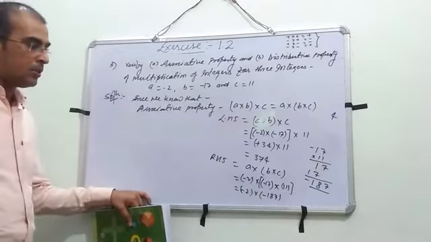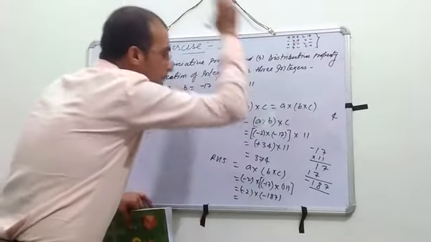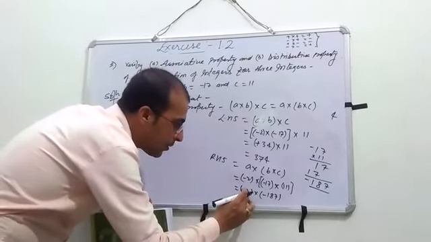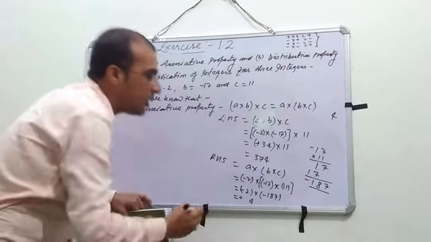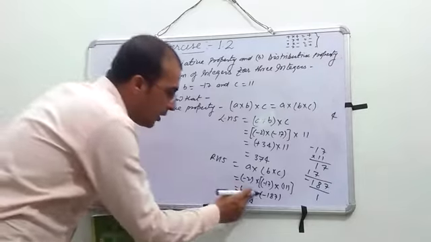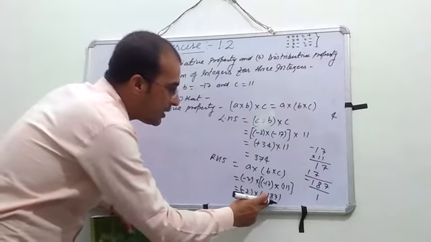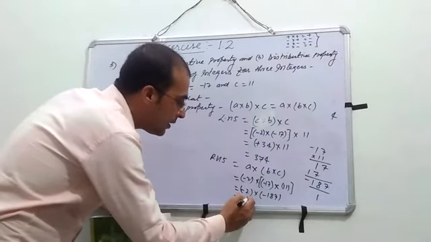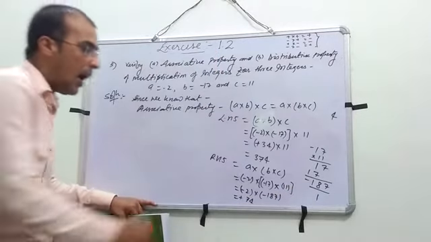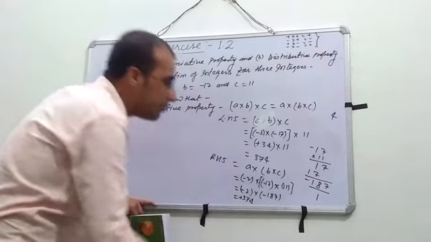Is it clear? Now again minus into minus equal to plus. 2 7 ja 14, carry 1, and 2 8 ja 16 plus 1, 17, carry 1, and 2 1 ja 2 and plus 1, 3.